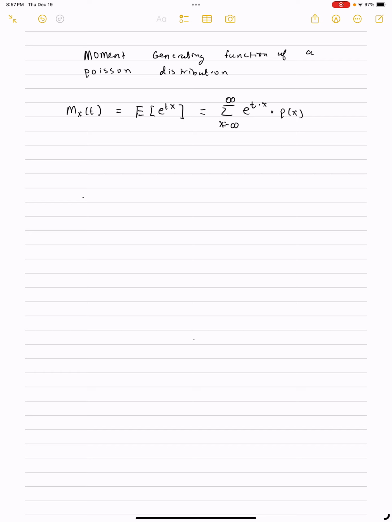It has this known formula of e to the minus k times k raised to the x power over x factorial. And this probability only applies starting at 0, so the sum goes from 0 all the way to infinity, because those are the range of values that the density function applies.